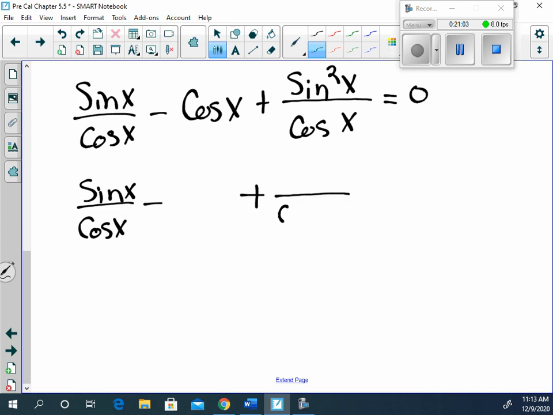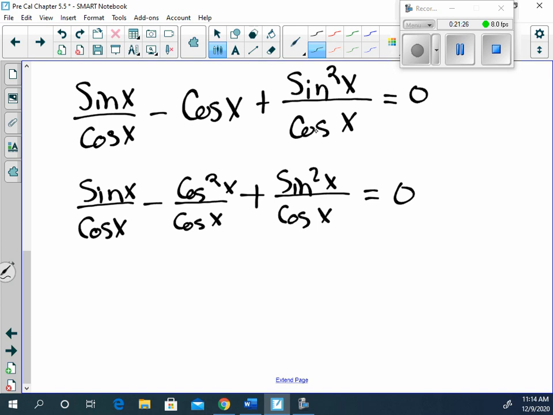Well, two of them are already there. We just need the middle one over cosine of x. Well, that makes the numerator cosine squared of x. Now they're on the same denominator, yes?